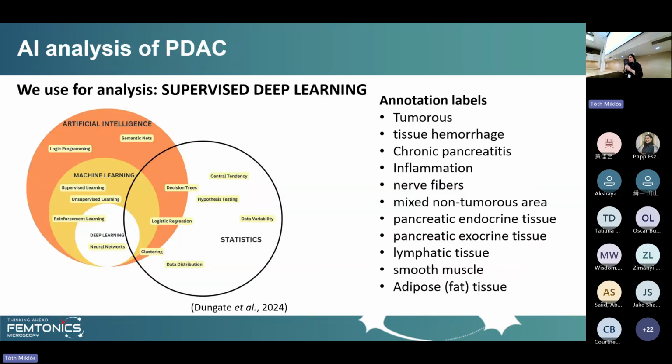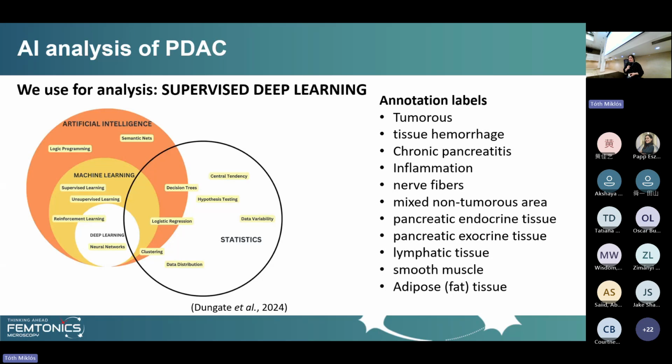All the tissue regions, all the 16 tiles, were annotated by pathologists one by one. These labels included tumorous tissue and many different components which can be found inside the human pancreas.